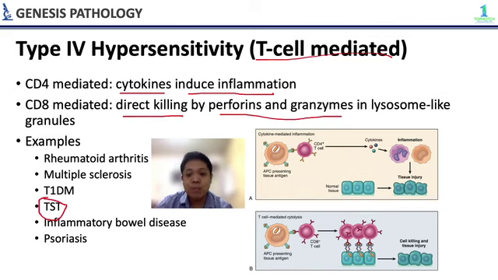Since meron ka ng preformed antibodies against TB, tapos kapag in-inject nila yung tuberculin, magkakaroon ng reaction dun sa site. You also have rheumatoid arthritis, multiple sclerosis, type 1 diabetes mellitus, which destroys the beta cells of the pancreas. Mawawala yung insulin nila, yung inflammatory bowel disease, and psoriasis.